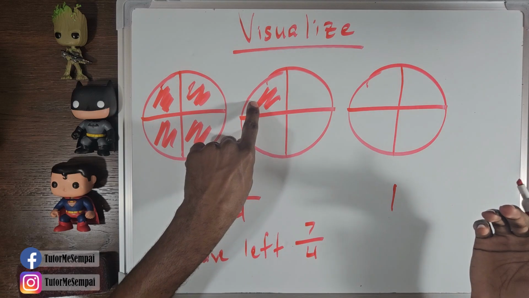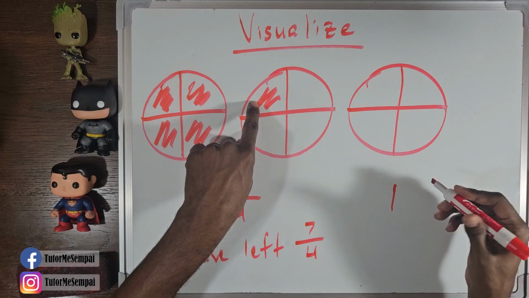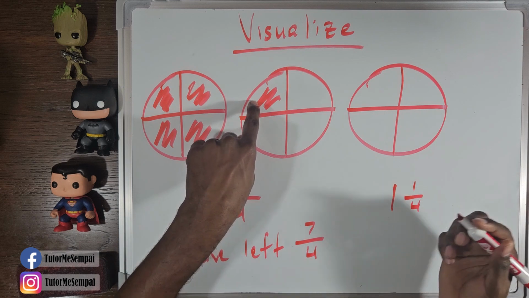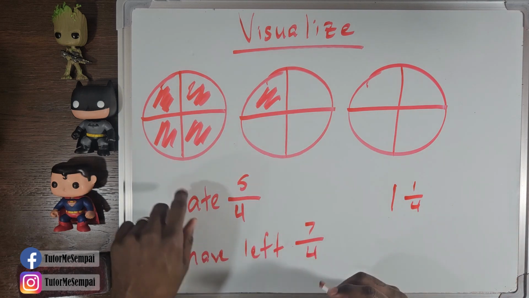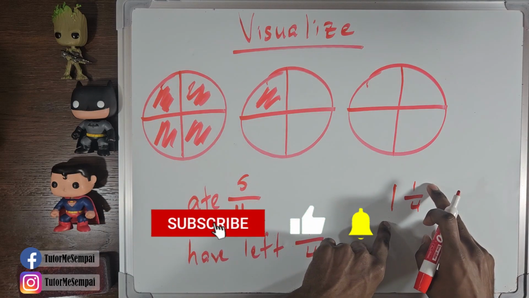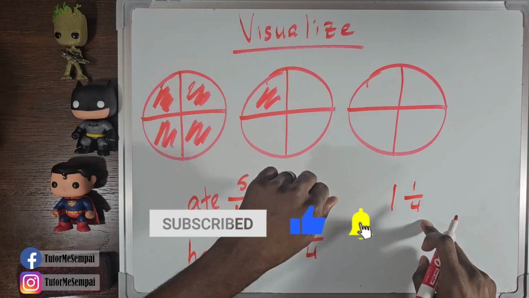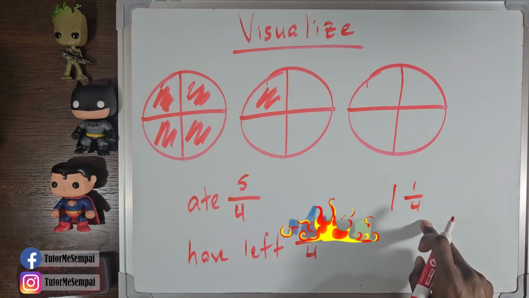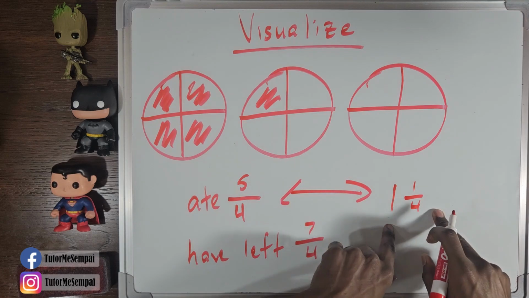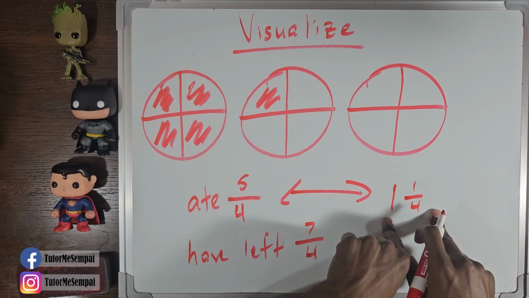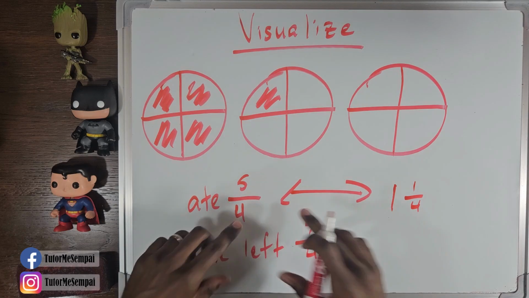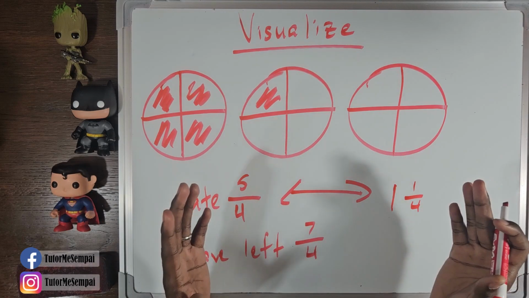And like, well, how many slices was that next one? And you're like, well, I had 1 slice out of the total 4 slices that were there. So you would probably say the mixed number version over the improper fraction version, but they mean the same exact thing.